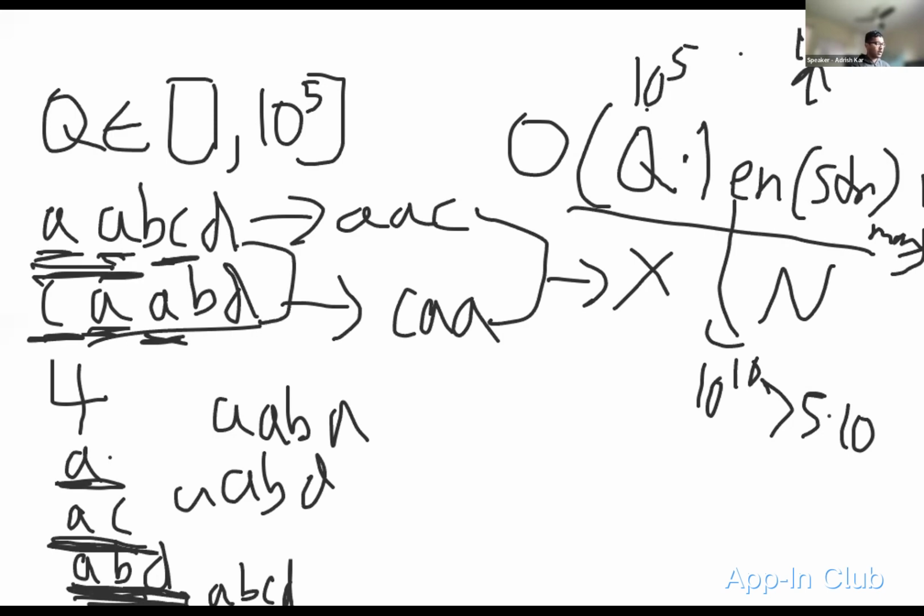But after thinking about it for like 5 minutes or so, I realized that this was infeasible because, one, the base is like 10 to the 5. So I'd have a hash of length 10 to the 5, like 1 followed by 10 to the 5 zeros, which is not feasible.